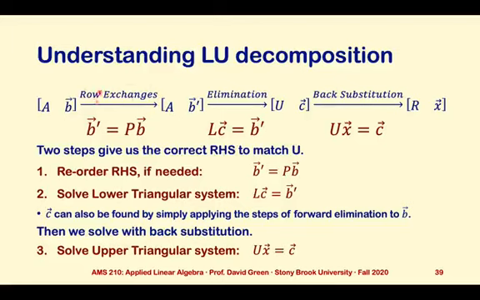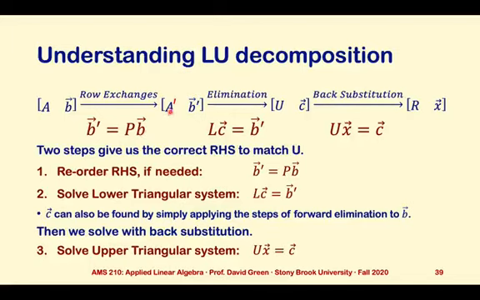That would lead us to an A prime and a B prime, simply reordering the rows. This process is encapsulated in P, and so for a new right-hand side, we don't need to bother doing this with A. We can just directly find what B prime would be by using P.